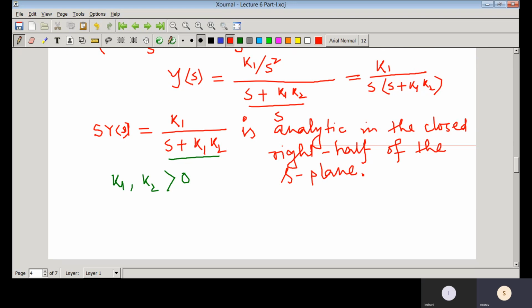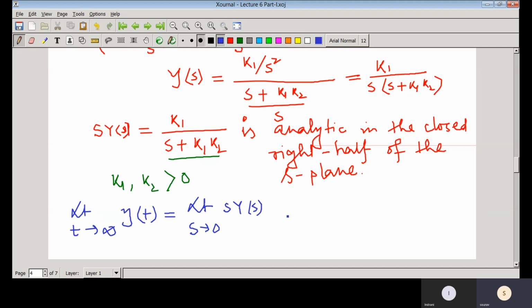Now if we apply the final value theorem, what will we get? The limit as t tends to infinity of y(t) equals the limit as s tends to 0 of s times Y(s).